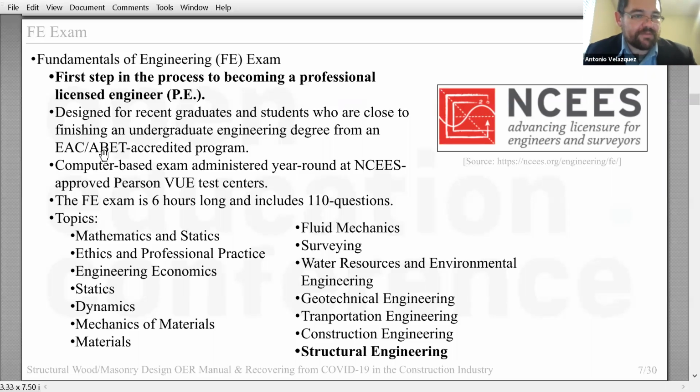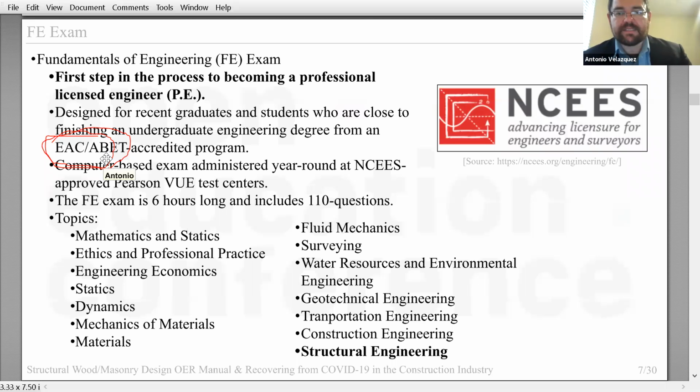The ABET accreditation is the standard accreditation in the United States to establish if a university is complying with a minimal quality of education or is really beyond that level, no? So in order to be able to take this exam, you have to be a graduate of an ABET accredited program.